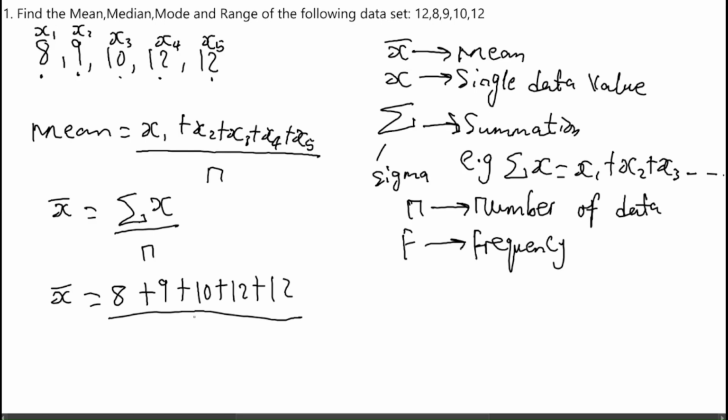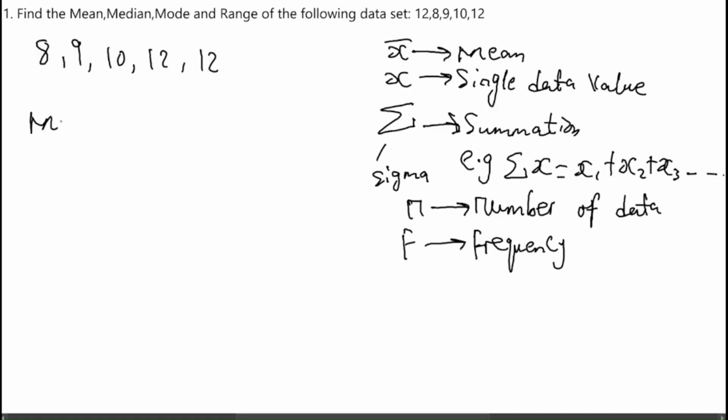So the number of data involved is 5. 8 plus 9 plus 10 plus 12 plus 12 is 51. Divide by 5. So 51 divided by 5 is 10.2. So the mean of this data set is 10.2.